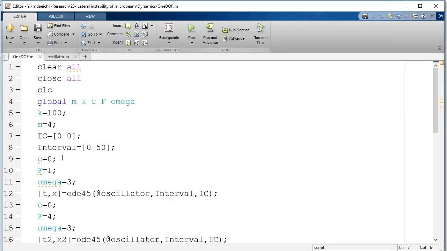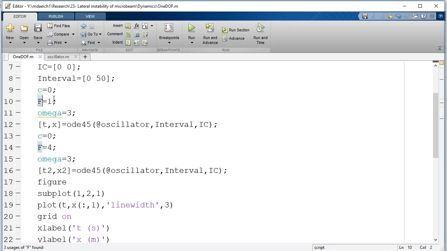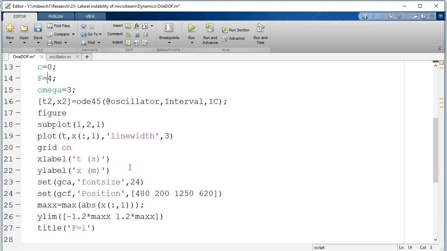Another interesting thing that we can do with this is to keep F constant and change omega. You might be able to see where I'm going with this. So let's say F equal to 4 here, omega equal to 3, and here let's put omega equal to 1 and also omega equal to 4.